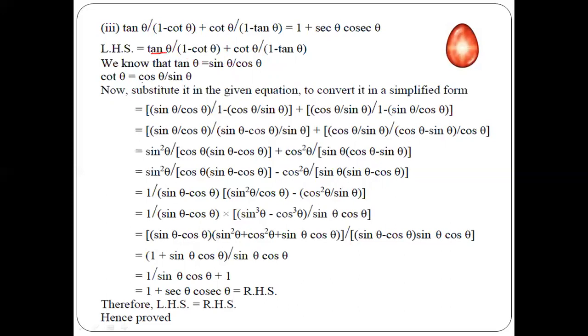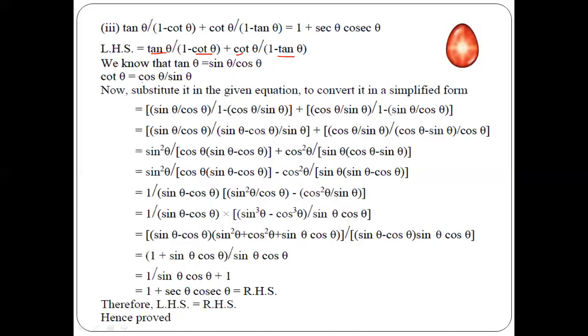And cot theta equals cos theta by sin theta. You need to substitute cos theta by sin theta in the places of cot theta. Then now you get sin theta by cos theta by 1 minus cos theta by sin theta plus cos theta by sin theta by 1 minus sin theta by cos theta.